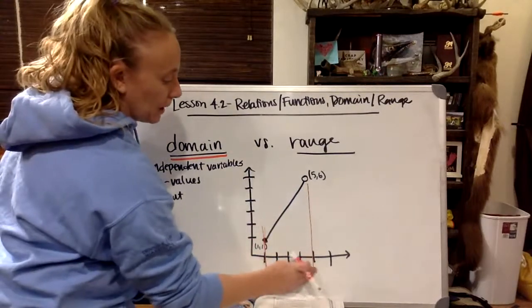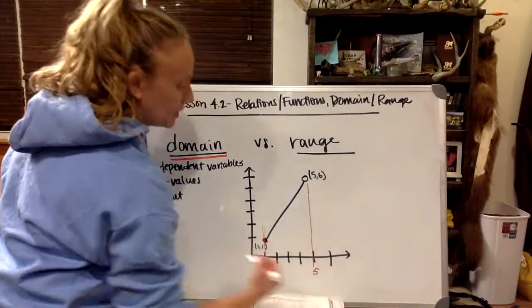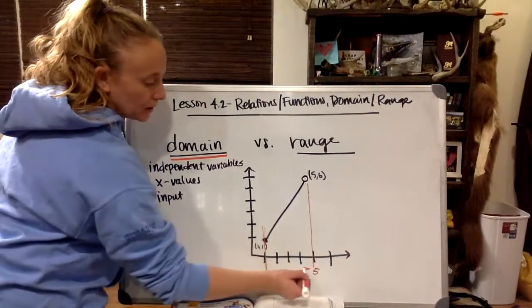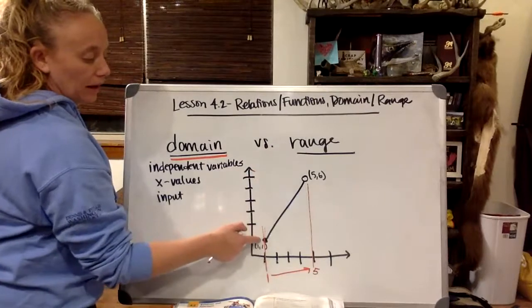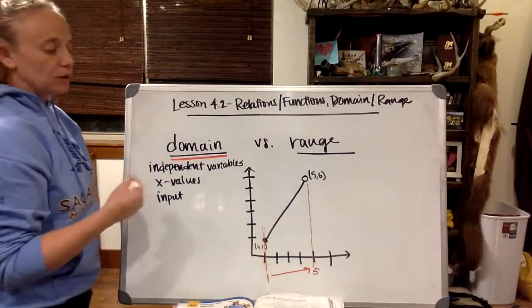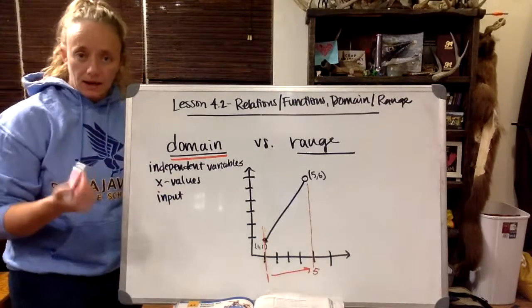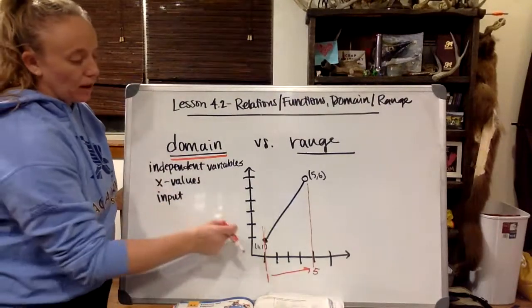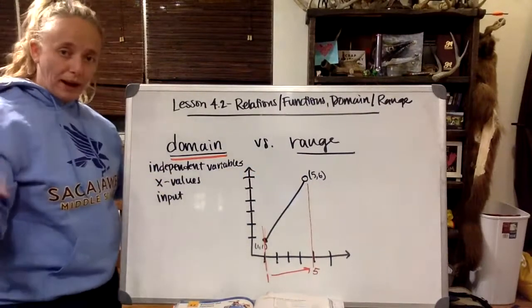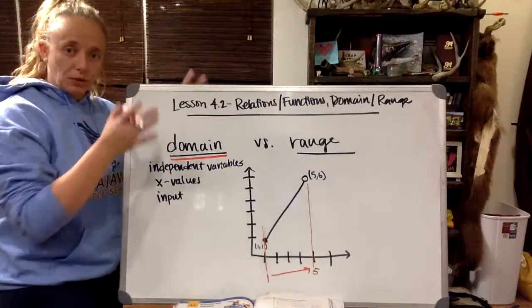So if we were to actually even look at these coordinate pairs, I have 1, 1 and 5, 6 here. So we are talking about domain values of 1 to 5, but we also need to understand that we have a filled in dot here versus an open circle here. So domain and range can be notated in a couple of different ways. This one is a continuous line, so I need to make sure I talk about a range of values, not just discrete points.